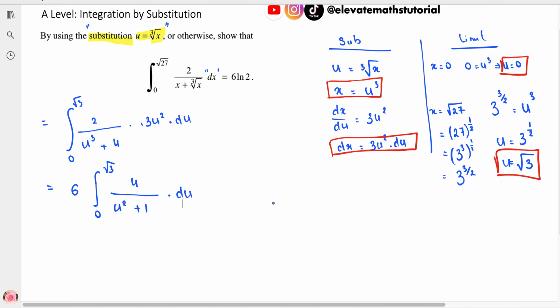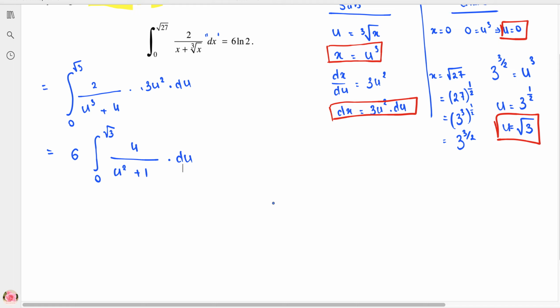That in itself looks a bit like another integration by substitution question, but if you can spot that the differential of the denominator is the numerator, then the integral of f dash of x over f of x is ln of the modulus of f of x plus c. If you can spot that, your integration becomes much easier. You don't need to do an integration by substitution. We can see that here, can't we?